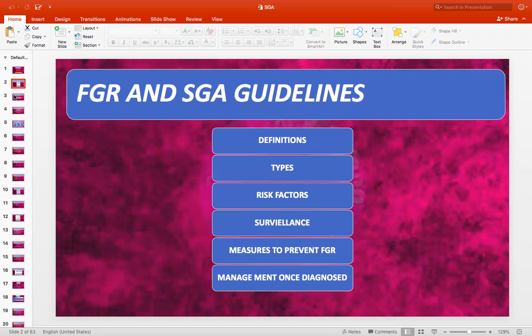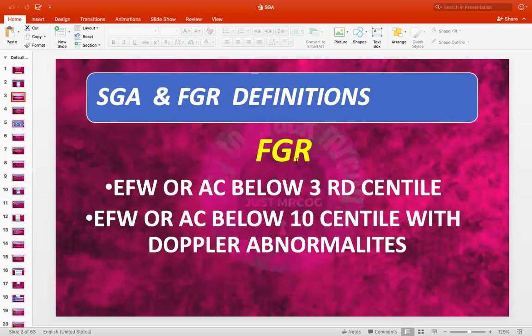Let's begin with definitions. What is the definition of FGR?